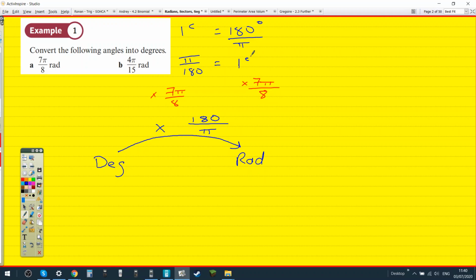Hang on, that should be, what is this? This should be degrees. And then to go from radians, pi over 180, yeah, divide by 180 over pi, or times by pi over 180. That's how we do it. And so 7 pi over 8, change it into degrees. So do I now need to do 7 pi over 8 divided by 180 over pi? Yeah, give that a go.